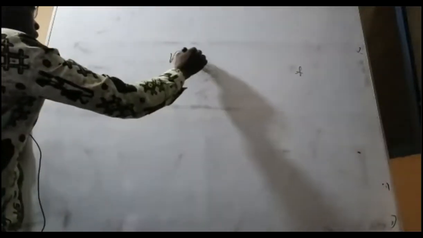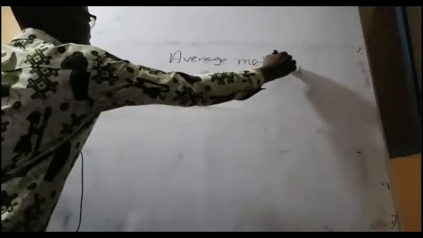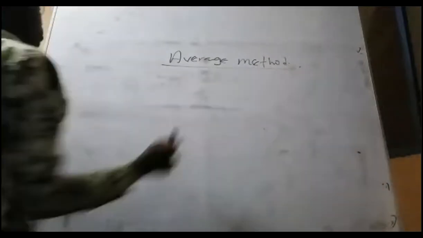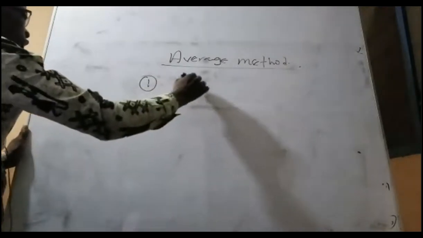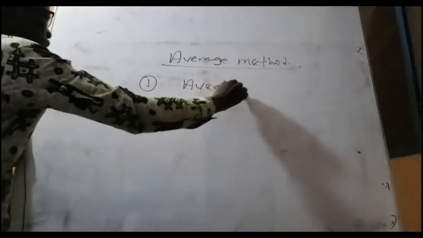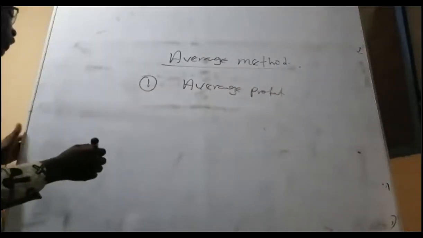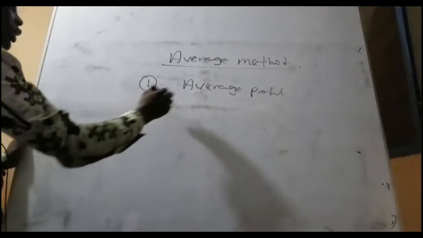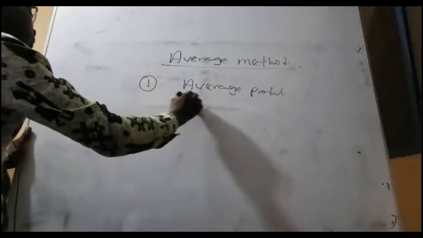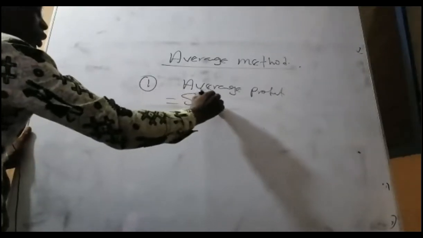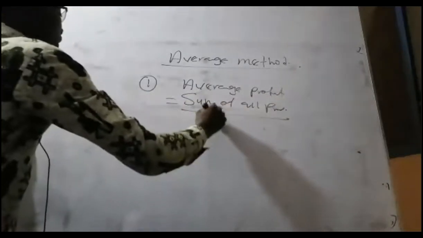The average method of valuing goodwill. Step 1, get the average profit by summing all the profit together and dividing by the number of observations. So the average is equal to the sum of all profits divided by the number of years.